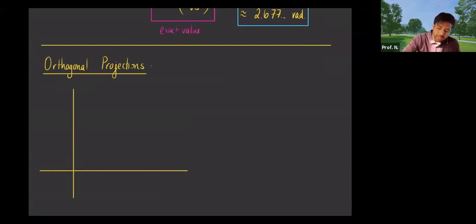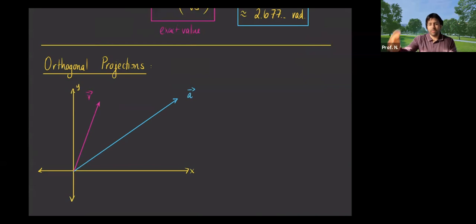So the idea is that I have a vector and I have another vector. This is going to be vector v. This will be a. This is why, of course, I'm using an example in the xy plane, because that's something we're comfortable with, but then you can extend this formula to any n-dimensional space.